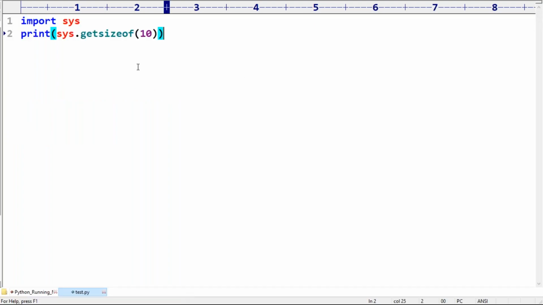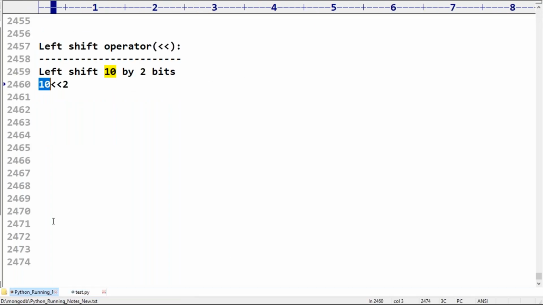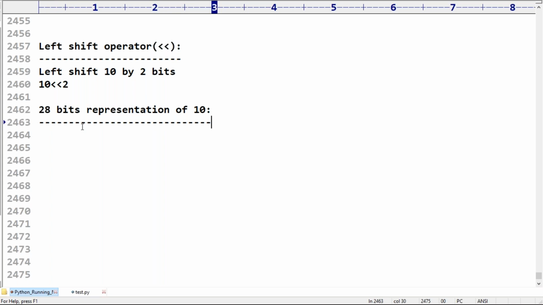So now have a look. The 28-bit representation of 10. Just now I told you the most significant bit is 0 because it is a positive number. Positive number means 0. Next, the remaining bits represent the value directly.